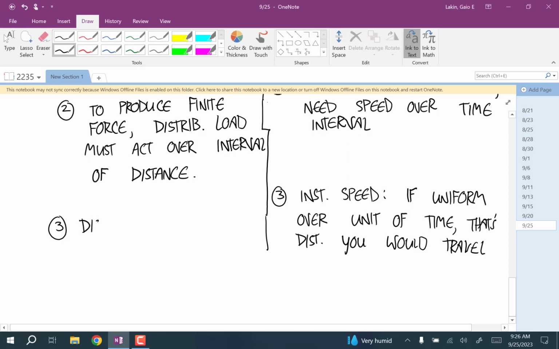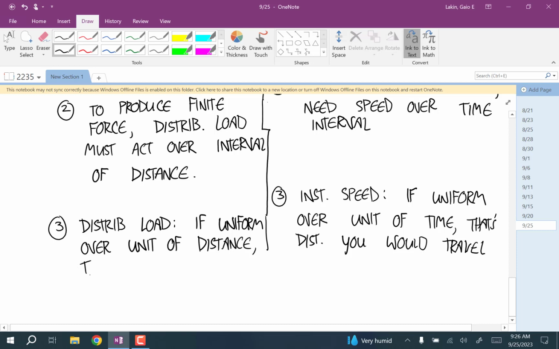And a distributed load, if it was uniform over a unit of distance, that would be the total force.